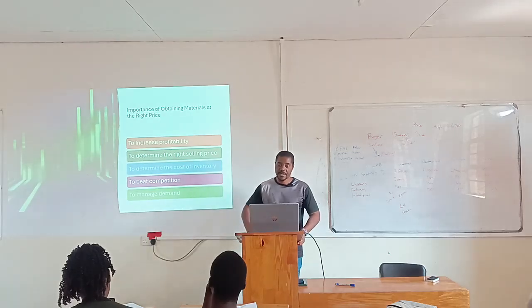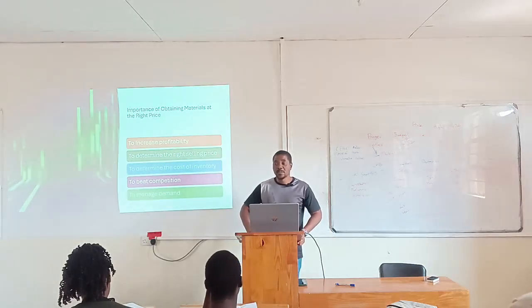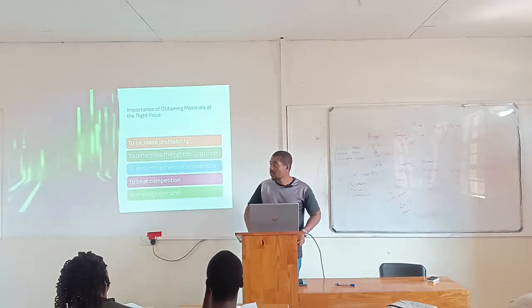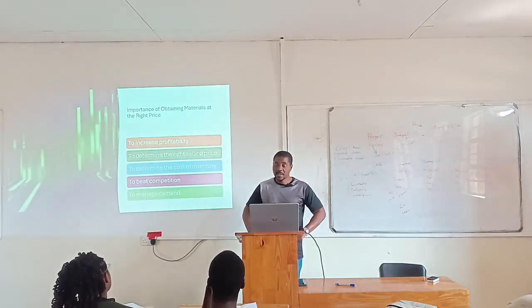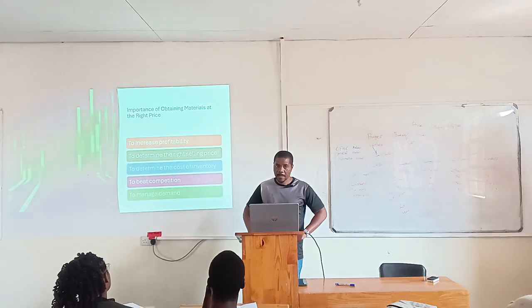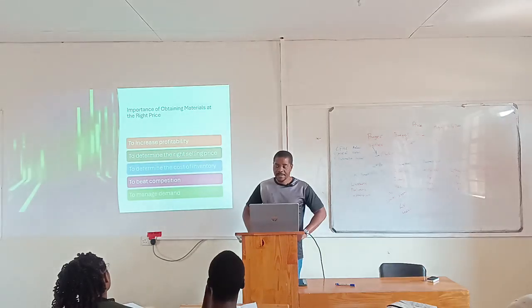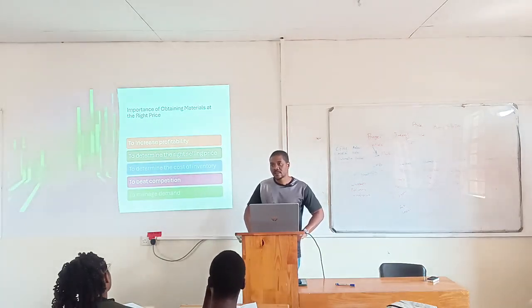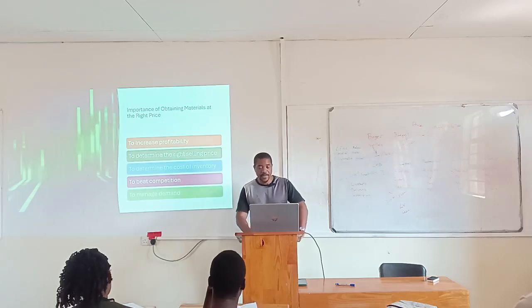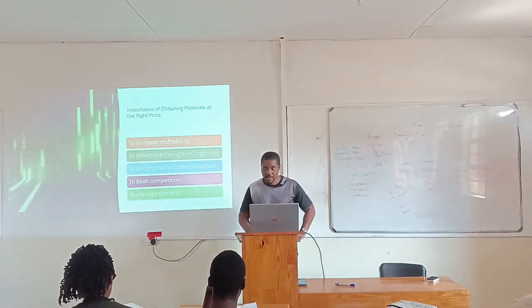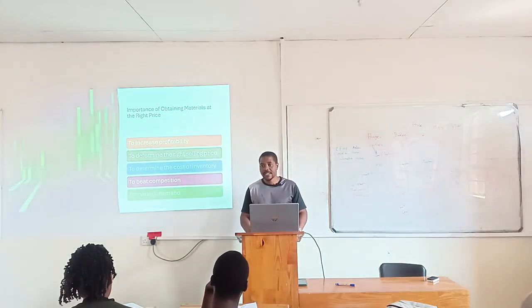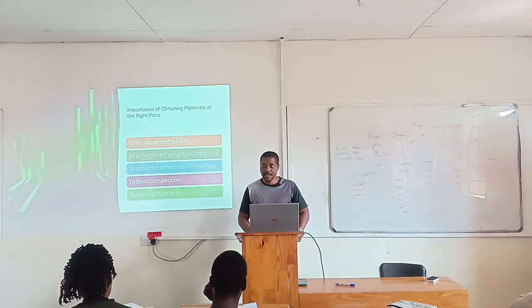To beat competition, so the right price will also help us to beat competition. Okay? If we set the right price, we can beat competition. And then to manage demand, we can also manage the level of demand by setting the right price.